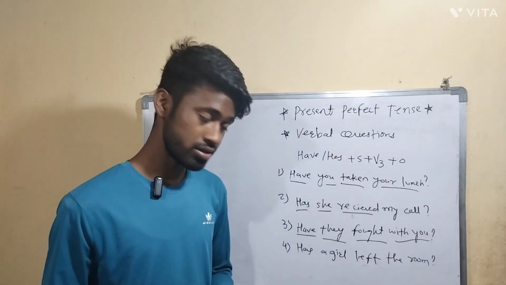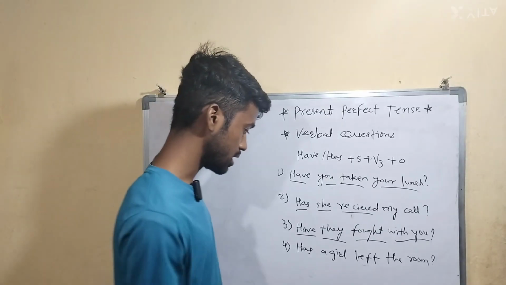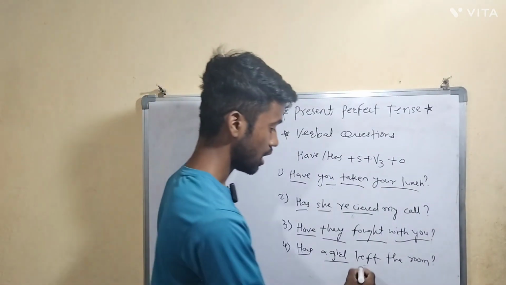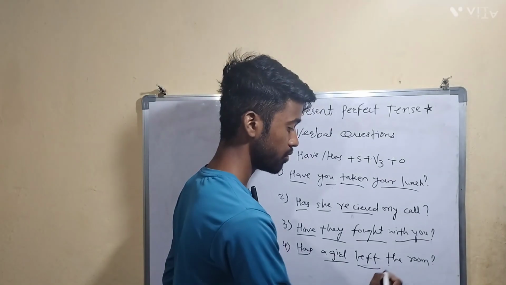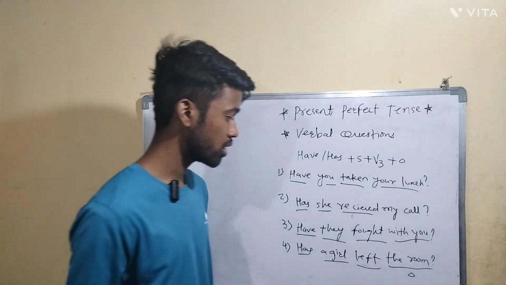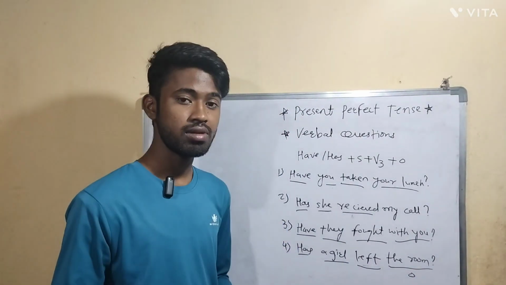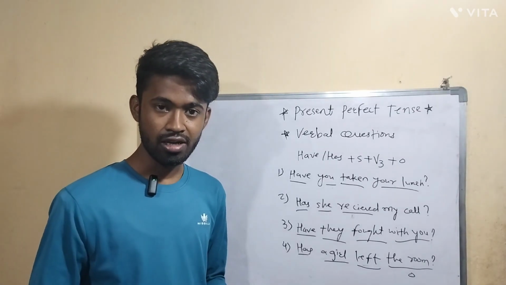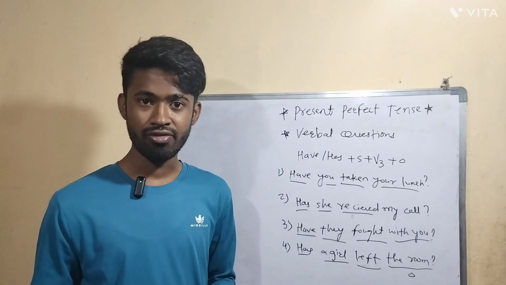So what is the answer here? First, a girl is there, right? This is the subject. That is the reason I have taken has as the helping verb. After that, this is the third form of verb, and the remaining part is the object. So here, what are the possible answers? Yes, a girl has left the room. A negative answer, no, a girl has not left the room.